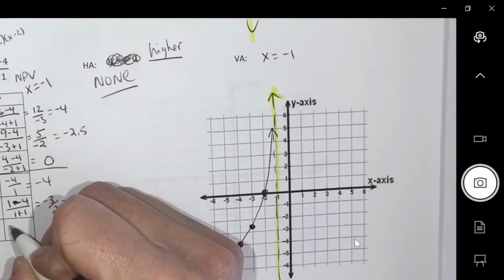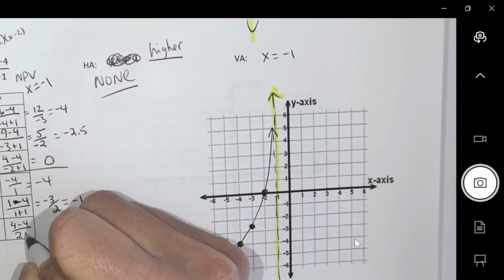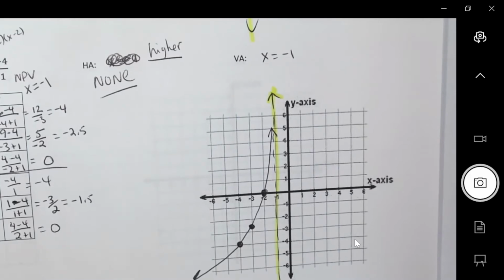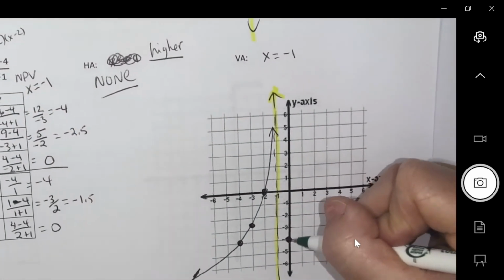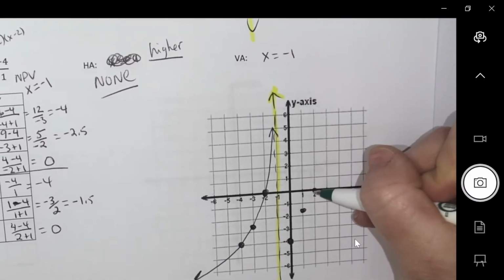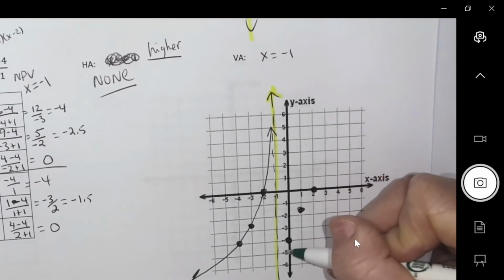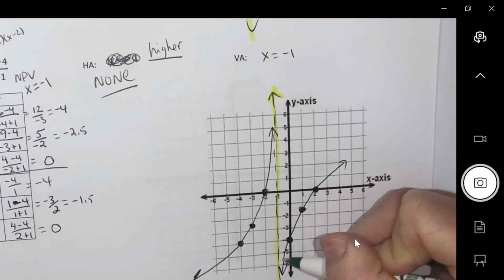And then plugging in a 2, I'm going to get 0 out of this. Okay, so 0, -4; 1, -1.5; and 2, 0, which means it's going to kind of look like that.